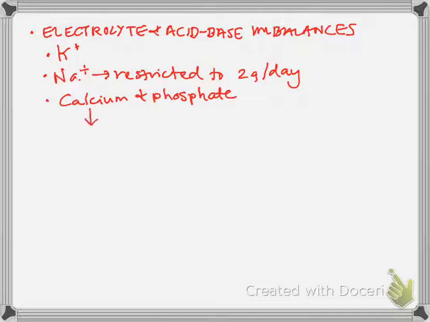So 99% of calcium is stored in the bone, and the rest of it is stored in either plasma in the blood or in body cells. Half of the calcium in your plasma is bound to plasma proteins and circulates in that way. But the type that we talk about that has the most important physiologic functions is ionized calcium, and a bulk of that is found in the plasma as well.